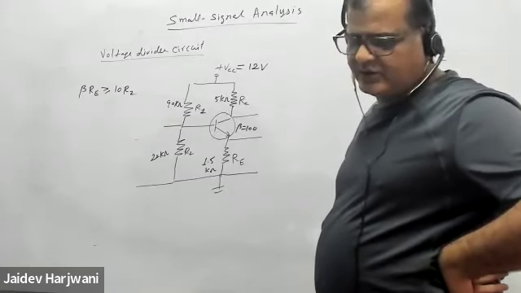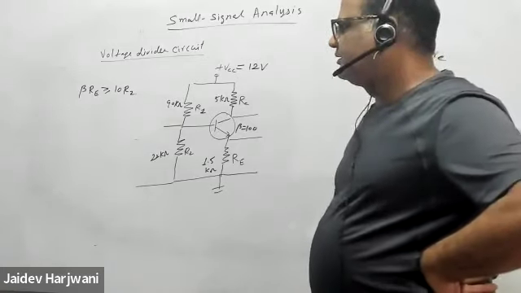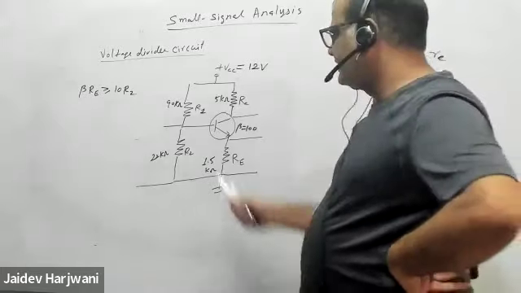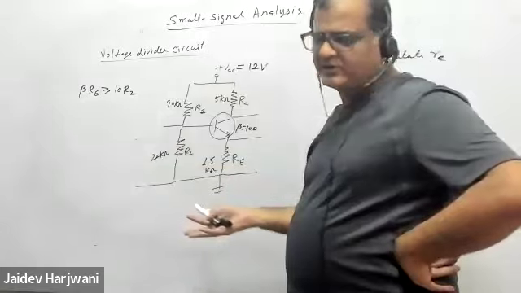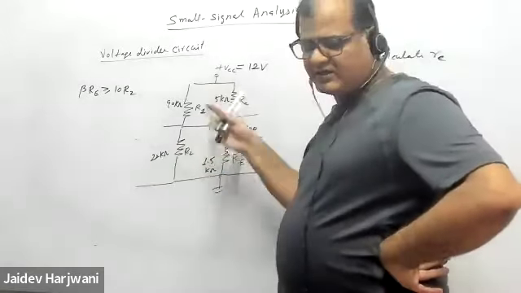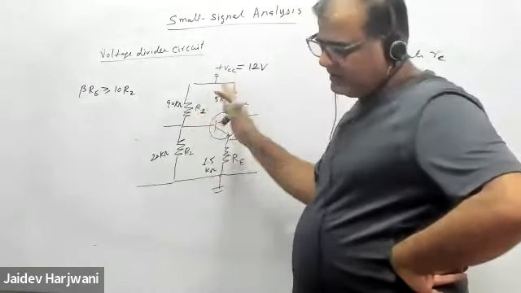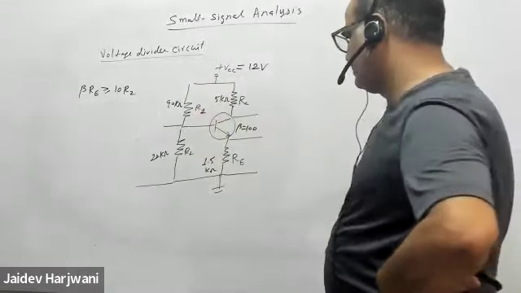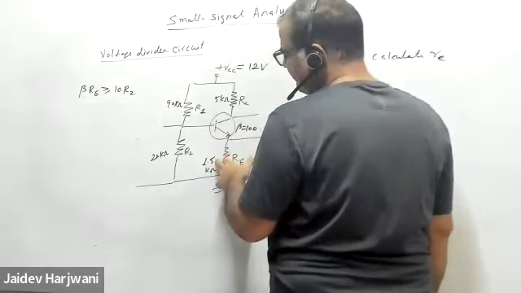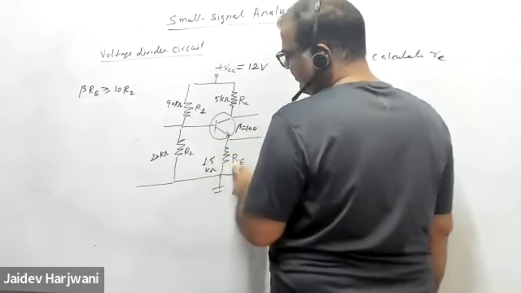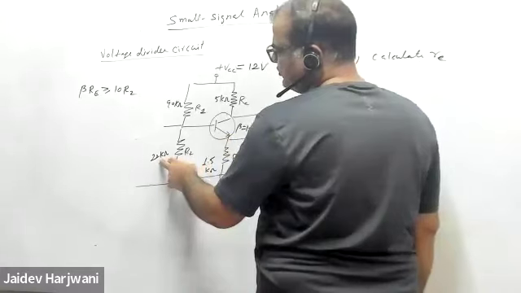It is the condition to solve the voltage divider circuit by the approximation method. You can use the approximation method, you can use the accurate method, that is a choice. But I will generally choose the approximation method. It will be almost equivalent. So here also, 1.5 into 100 becomes 150 kilo ohm, and 10 R2 is 220 kilo ohm.